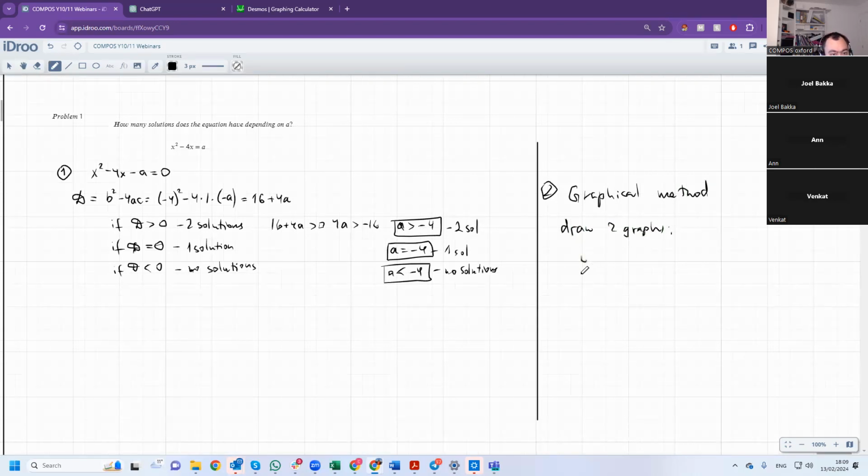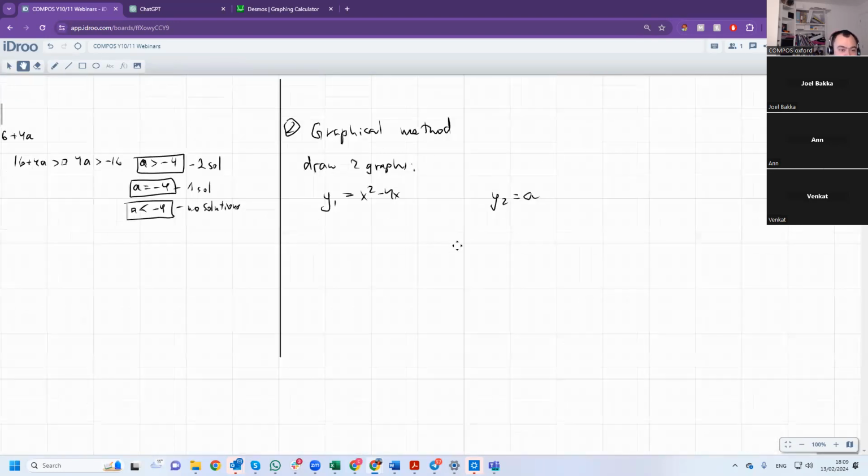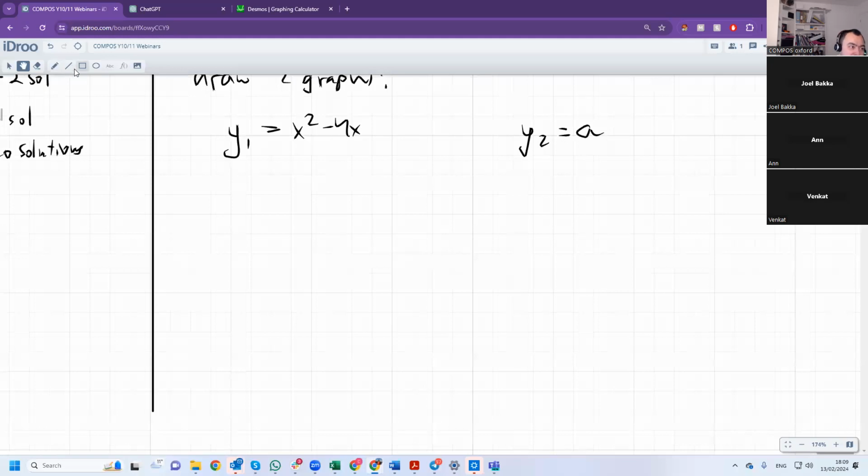You draw y1 equals x squared minus 4x, and y2 is equal to a. So you draw the left-hand side and the right-hand side as separate graphs, and then you sketch them.